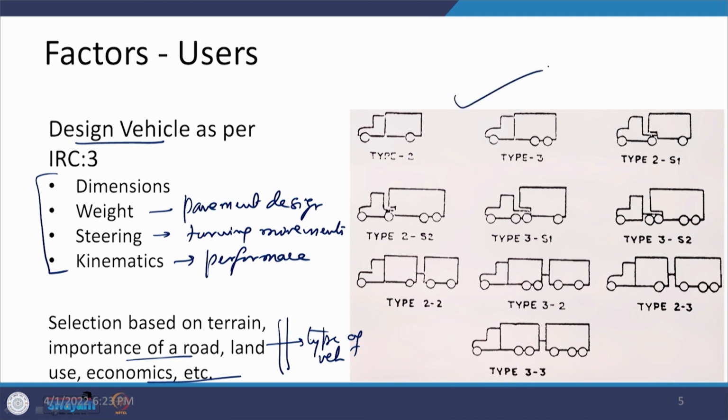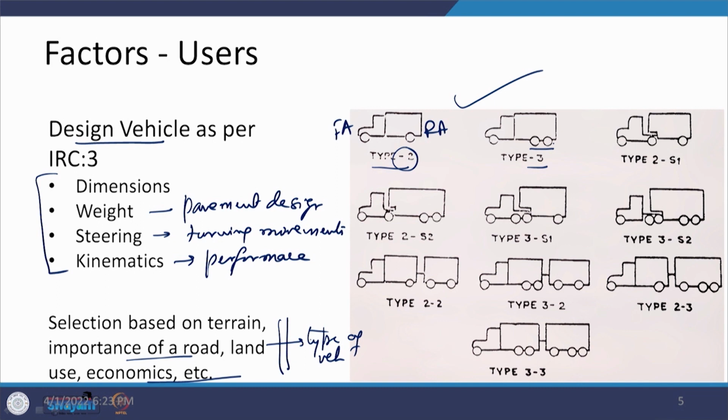Now, in this chart or photograph, what you can see is that different types of vehicles have been shown. The first one is defined as type 2, where 2 means one front axle and one rear axle. When you say type 3, along with the one front axle, you are going to have 2 rear axles.